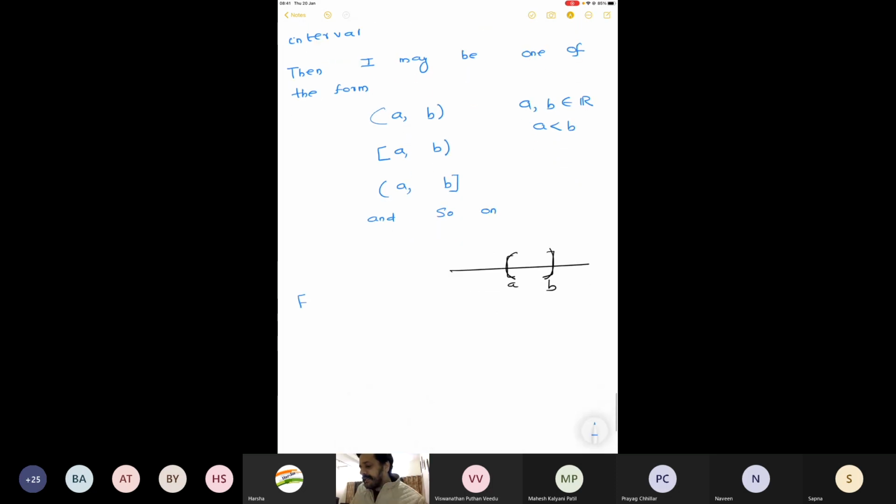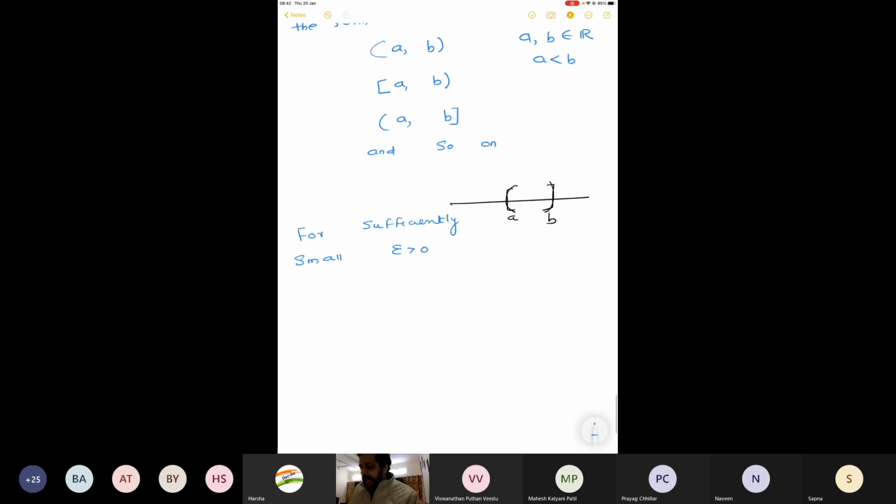So I make the following claim, which is obvious actually. For sufficiently small epsilon greater than 0, my aim is to reduce the problem to a closed bounded interval. The interval [A plus epsilon, B minus epsilon] will be contained in I, whatever I you take, and that I will be contained in [A minus epsilon, B plus epsilon].